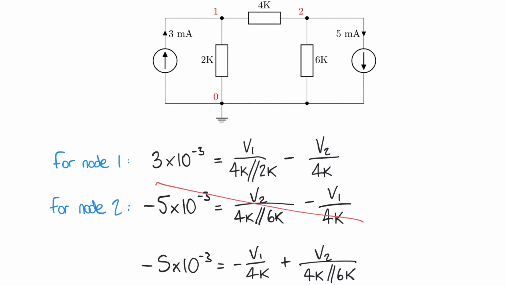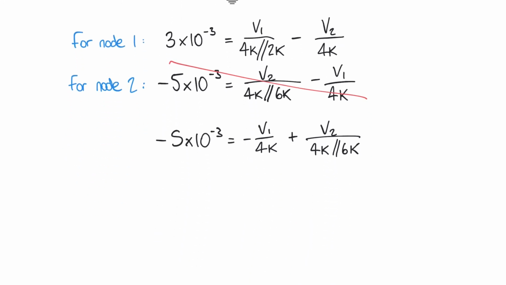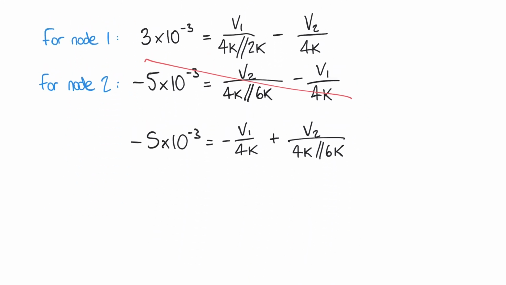So looking back at these equations here, we have a couple of instances of parallel resistors. We have 2K in parallel with 4K here, or 2000 in parallel with 4000. And we have 4000 in parallel with 6000 here. And this is just my shorthand, this double slash notation for two resistors that are in parallel.